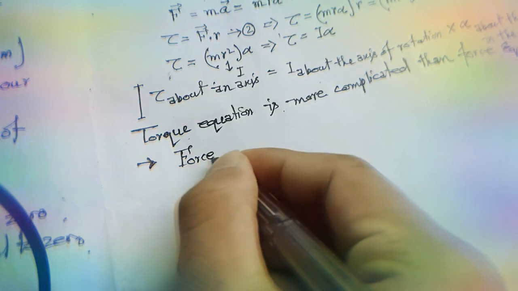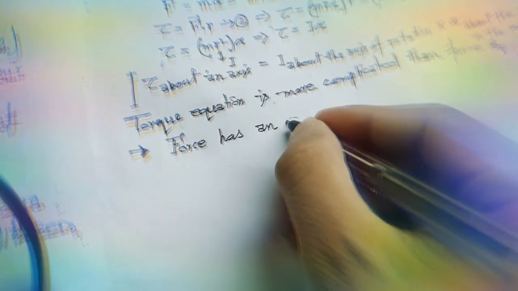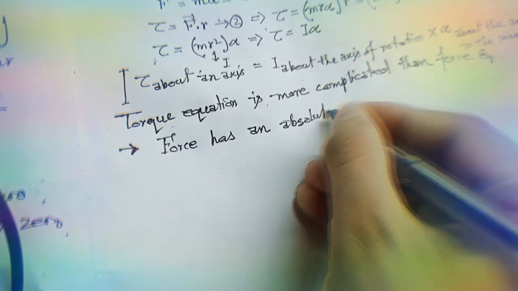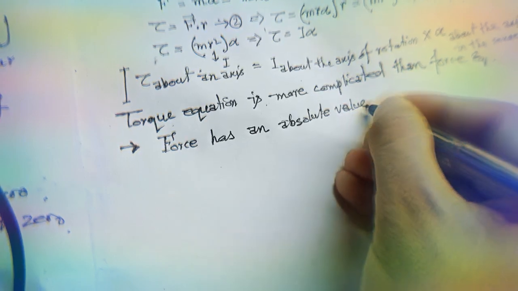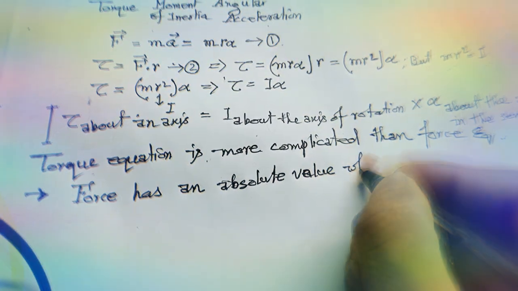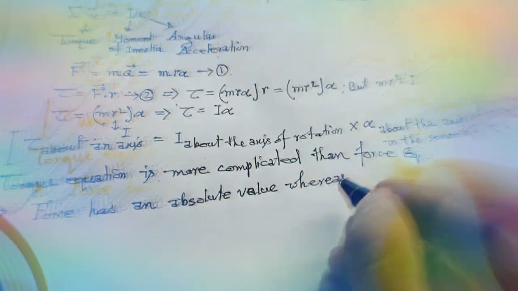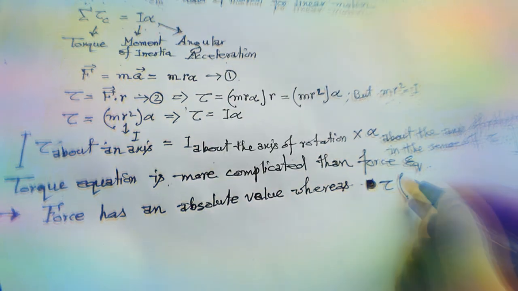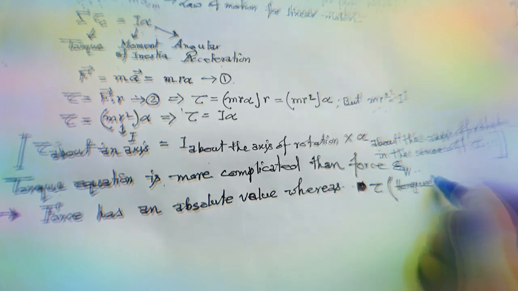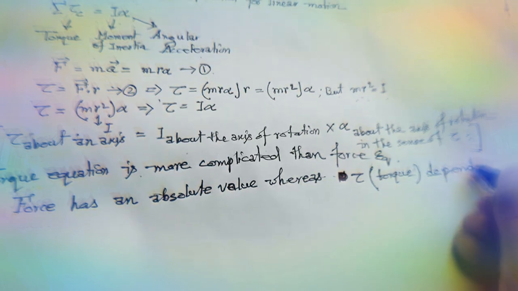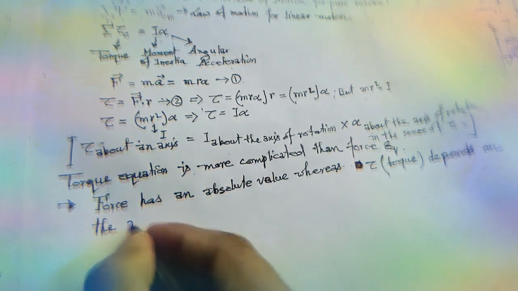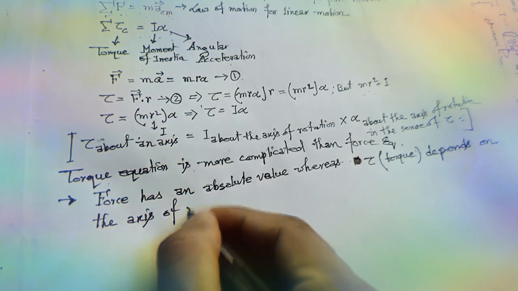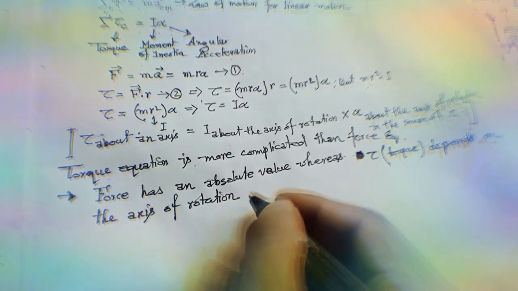For linear motion, force has an absolute value, whereas moment of inertia, and so torque, depends on the axis of rotation, which doesn't have any absolute value.